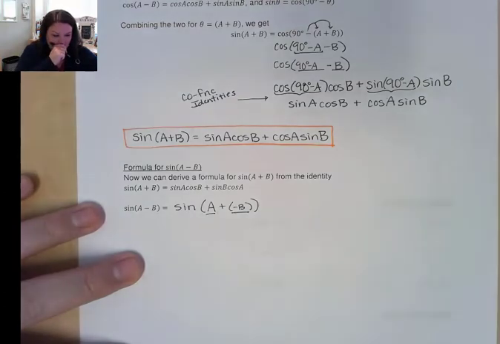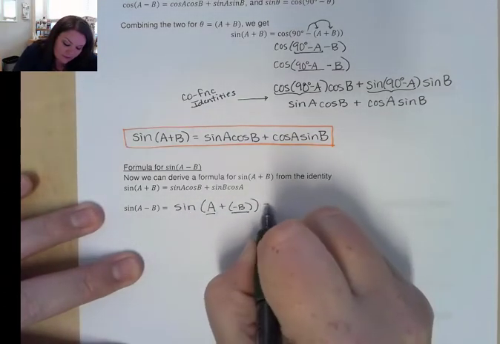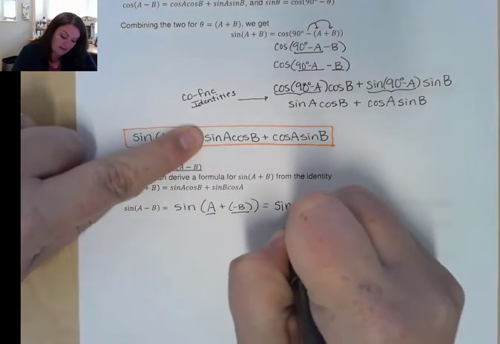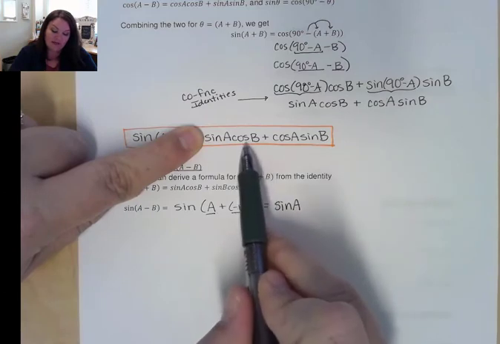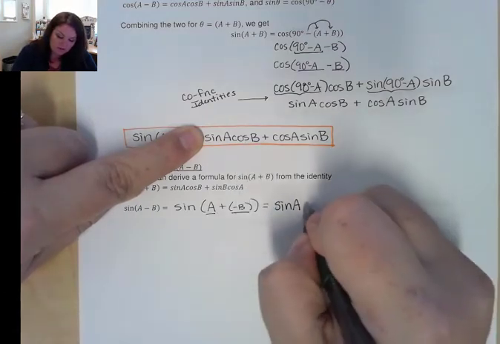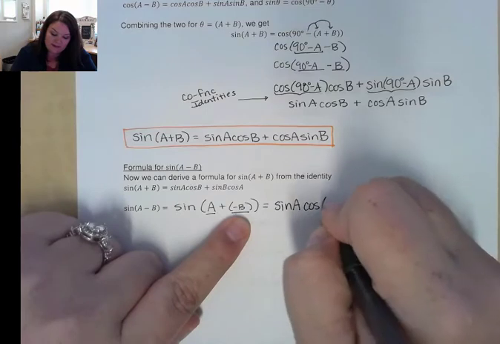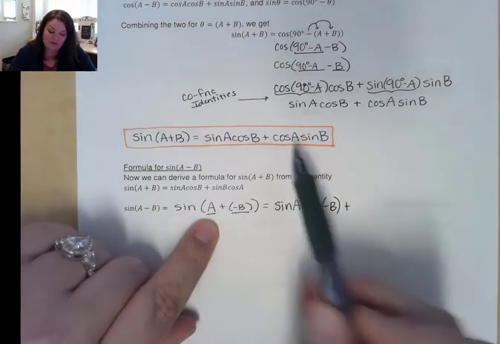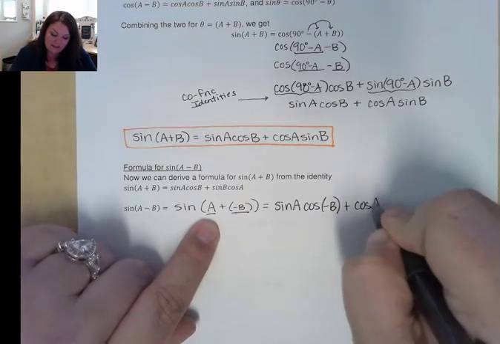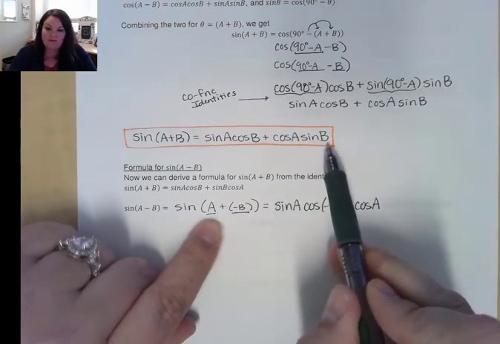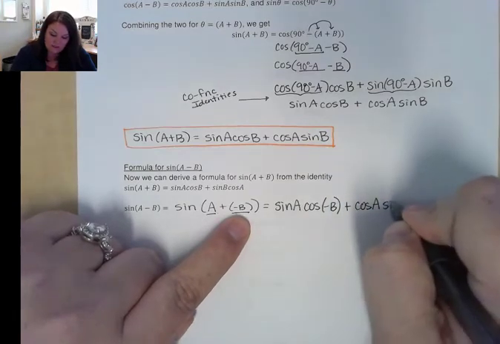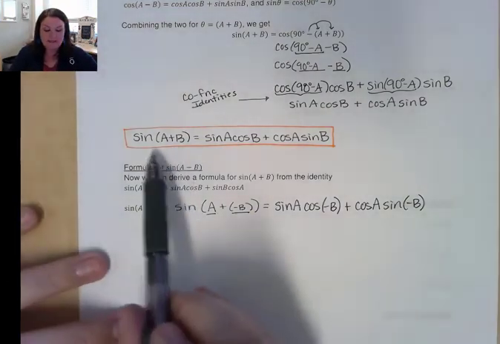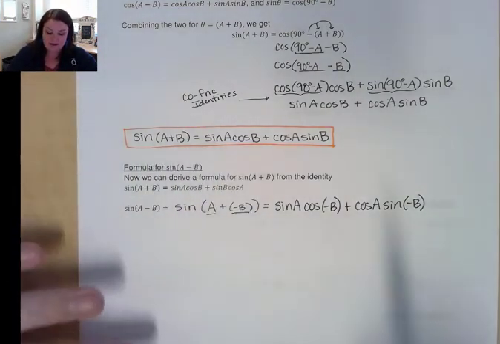So that says that this is equal to sine of my first angle, so this would be sine A, times cosine of my second angle, so cosine of my second angle here is negative B, plus cosine of my first angle, so cosine A, and sine of my second angle, so sine of my second angle is negative B. Okay, so just plugging it into this identity we just came up with, this is what we get.